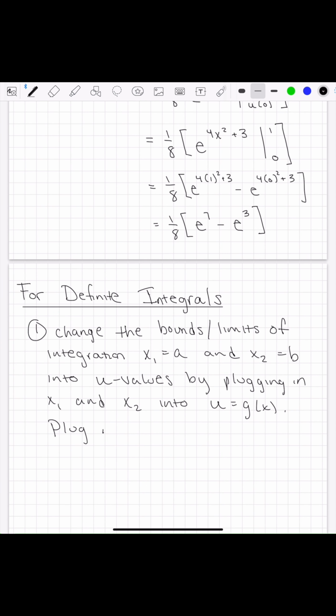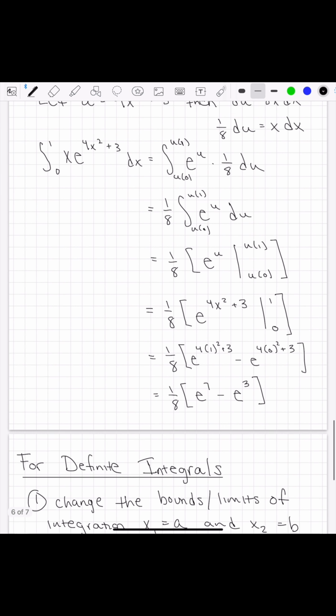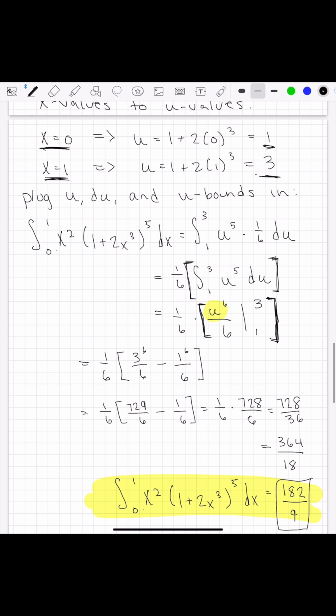Plug in the new values as the bounds into u. Right, so basically you're turning them into u values.